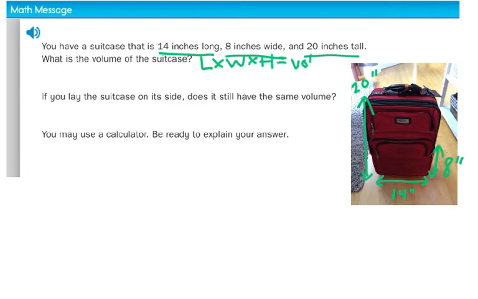It gives me volume. So on a calculator, I want you to take 14 times 8 times 20. And remember, we're talking inches. I want you to write the volume of it using your calculator. Write that on your whiteboard. Pause the video.